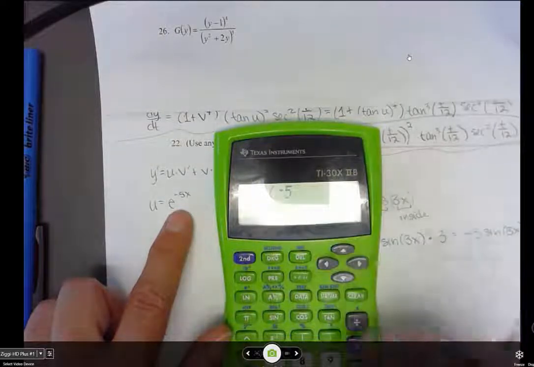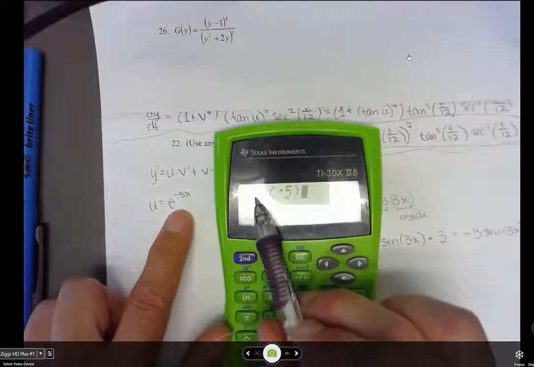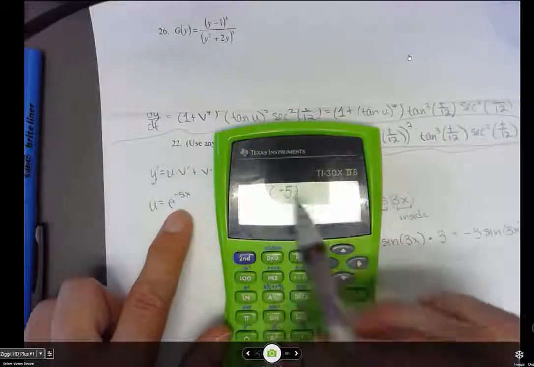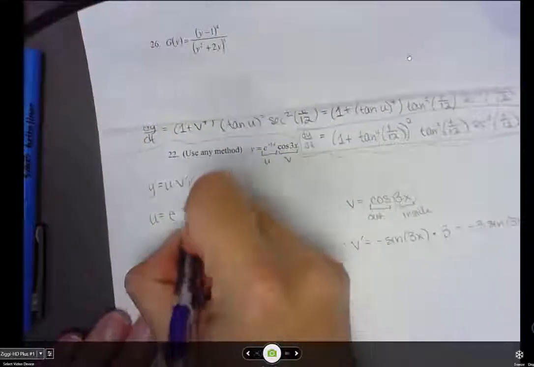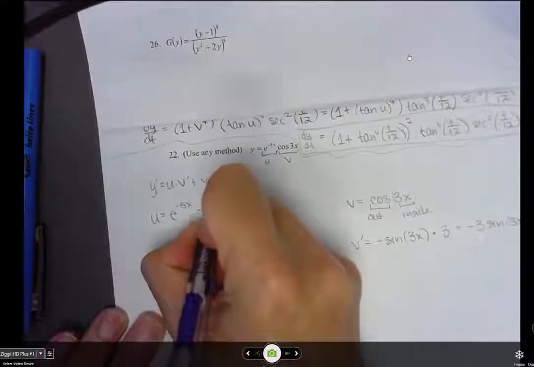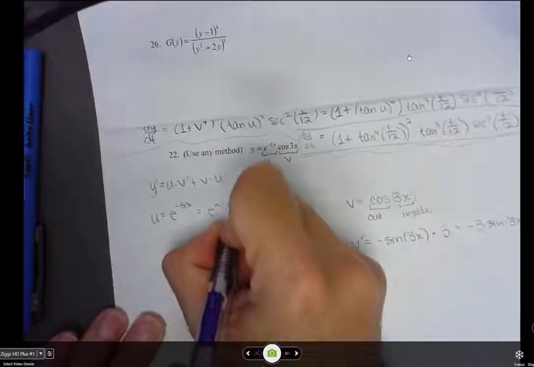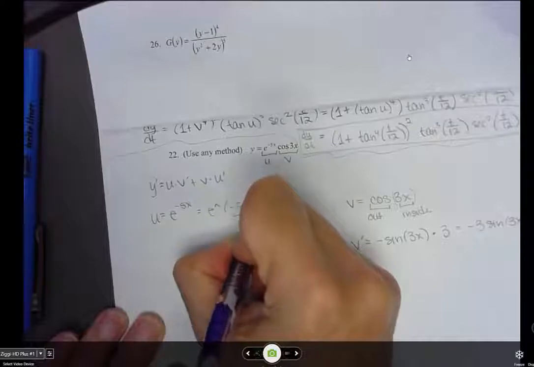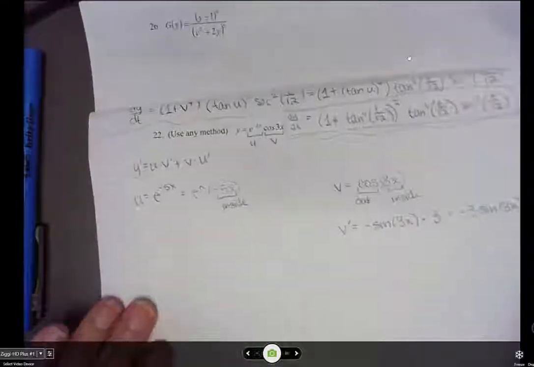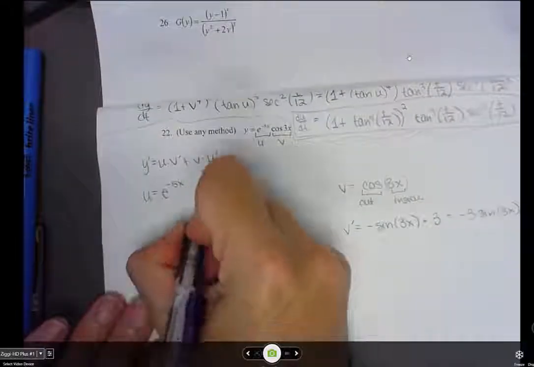And you could see that obviously this is in parentheses, so that would be my inside function. So this is like e to the negative 5x. This part is my inside function, and the e part is my outside function.